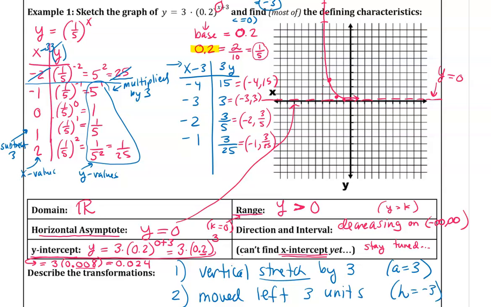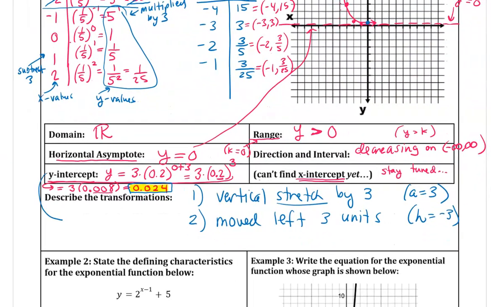So that right there is the value of our y-intercept. You'll notice it's very small. It's a very small positive because our y-intercept is like right there, which is really, really close to 0. So this actually matches with our graph. But we would write it like this, 0, 0.024. That's if you are leaving the decimal as a decimal.